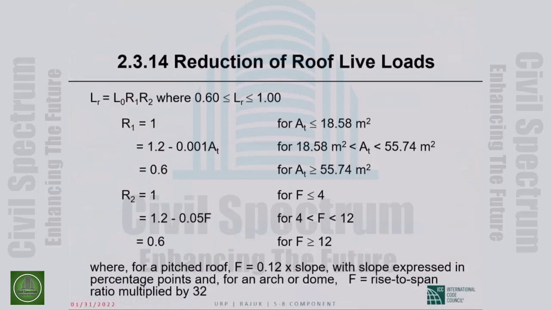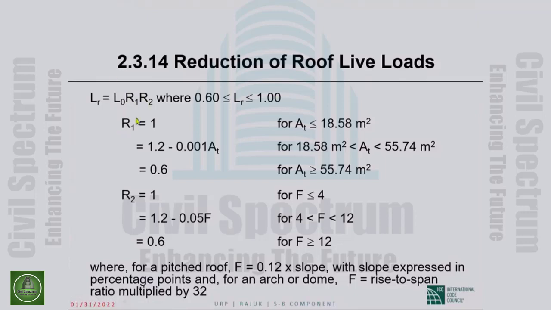And then there is this roof live load reduction factor taken from ASCE 7-05, which says the reduced roof live load is the unreduced roof live load times a reduction factor for area and a second reduction factor for roof slope. Okay. And the roof live load shall never be reduced more than 40%.